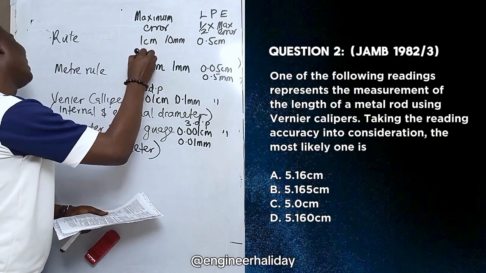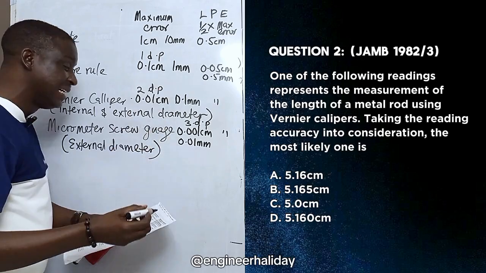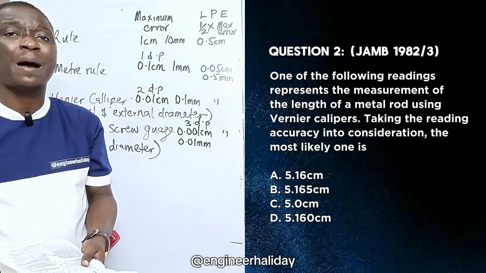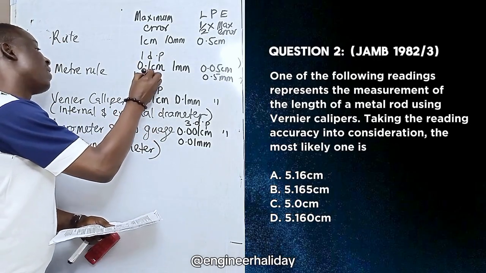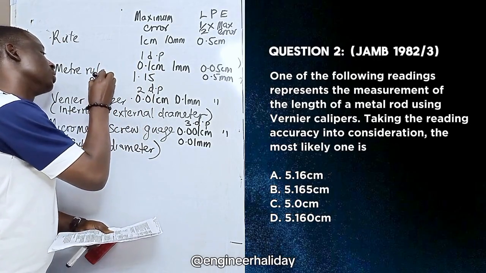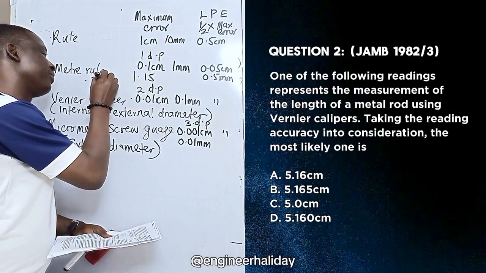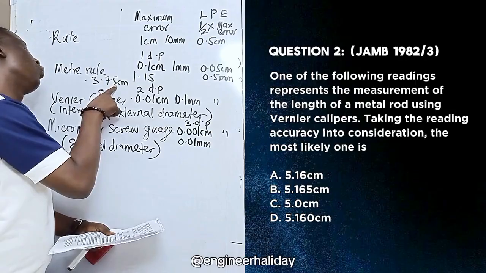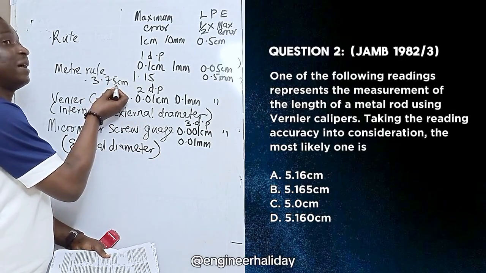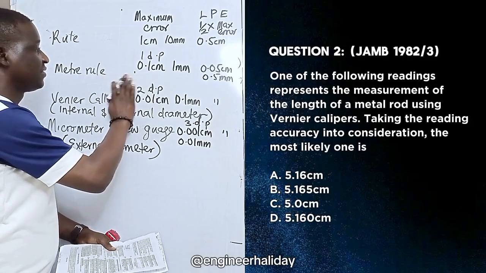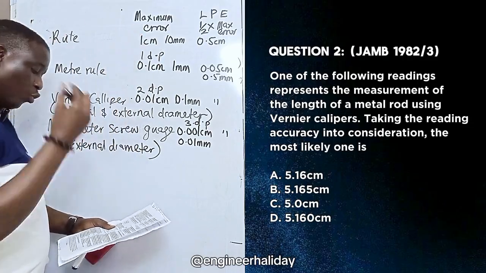Then this one can be 1 decimal place in centimeter or 2 decimal places with the second decimal place being a multiple of 5, for example, 1.15, 2.25, 3.75. This one can take a meter rule because the second decimal place ends with 5. So please take note of that. But majorly one decimal place. Then this one, whole number.